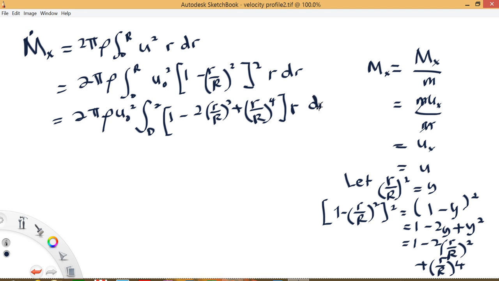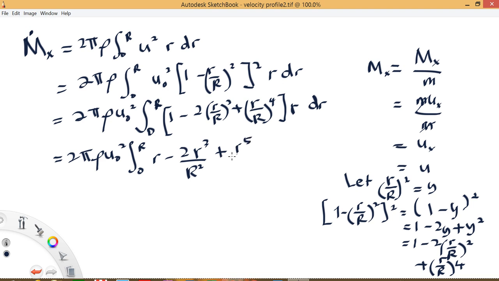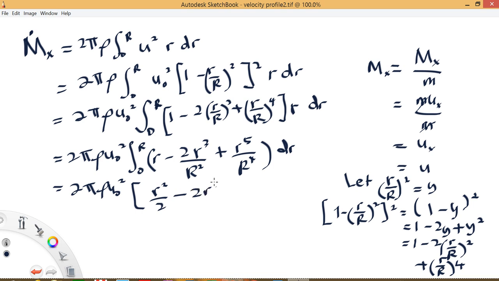So r, dr. So 2 pi rho u naught square. Sorry, this should be r, right? 0 to R, times with r: r minus 2r power of 3 over R power of 2, plus r power of 5 over R power of 4. Then everything is integrated with respect to r. So 2 pi rho u naught square, R square over 2, minus 2r power of 4 divided by 4R power of 2, plus r power of 6 over 6R power of 4.